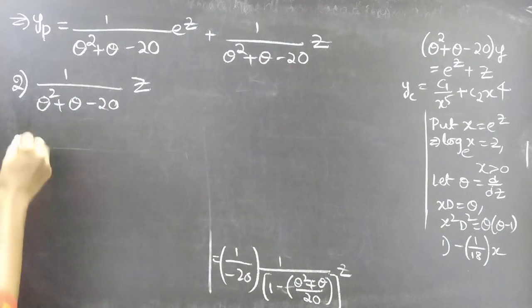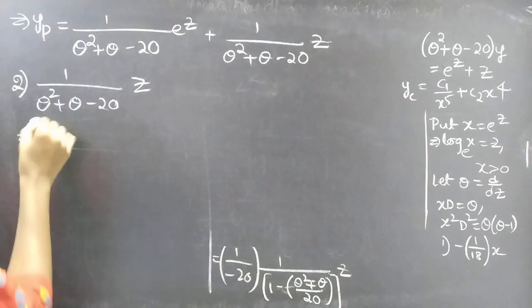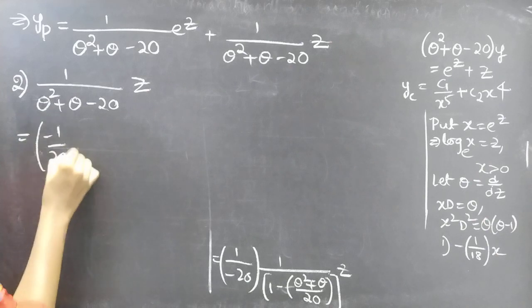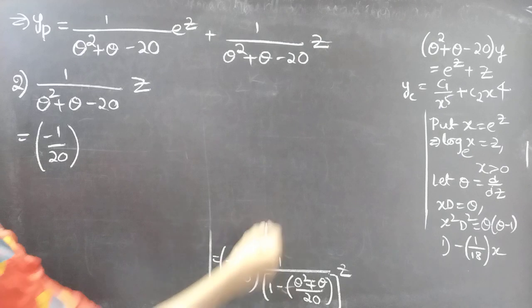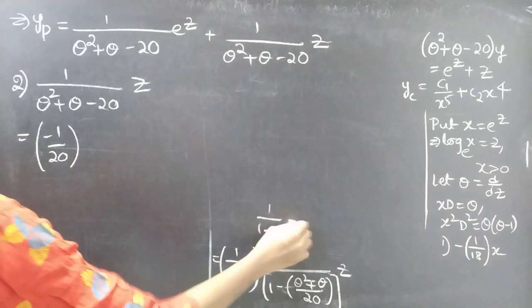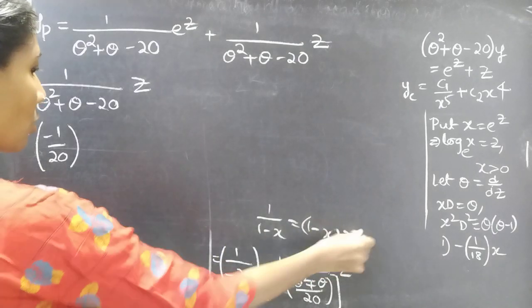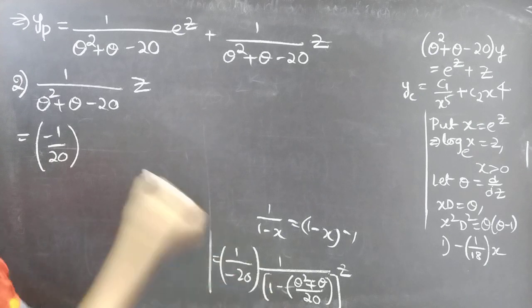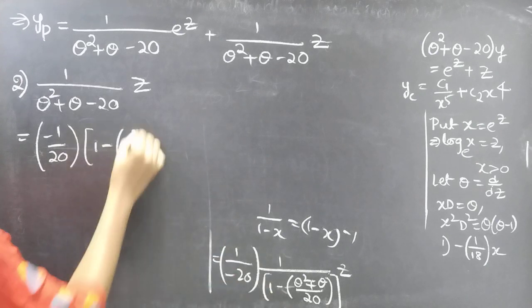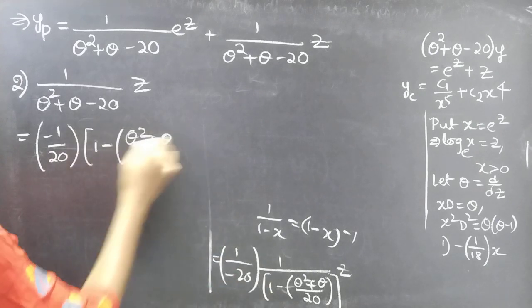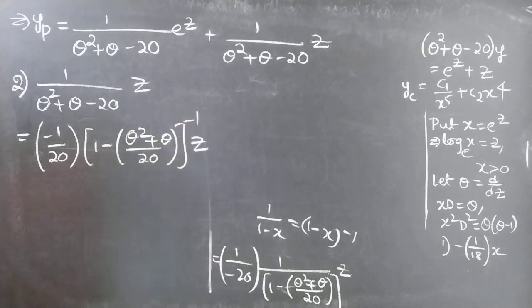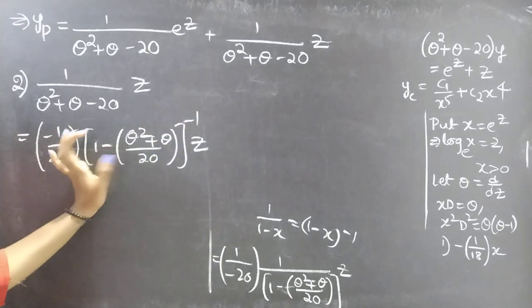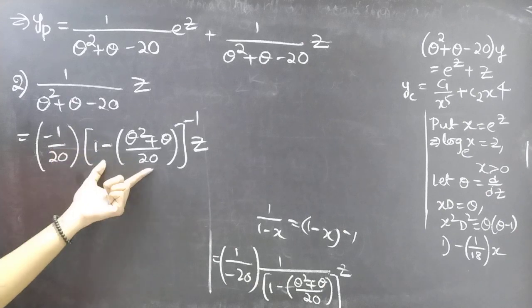Now we can write 1 by minus 20 as minus 1 by 20 into, see this is of 1 by 1 minus x form, so we can write it as 1 minus x whole inverse, right? So we can write this as 1 minus of theta square plus theta by 20 whole inverse into z. Now we are going to use binomial series expansion to expand this.